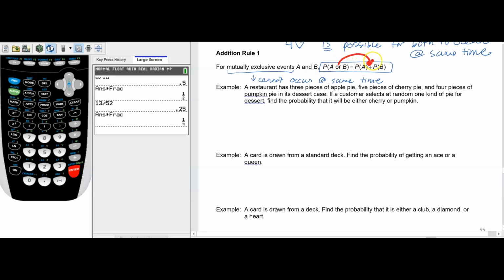So when a question asks for the probability of something or something else, you're going to want to use this addition rule.